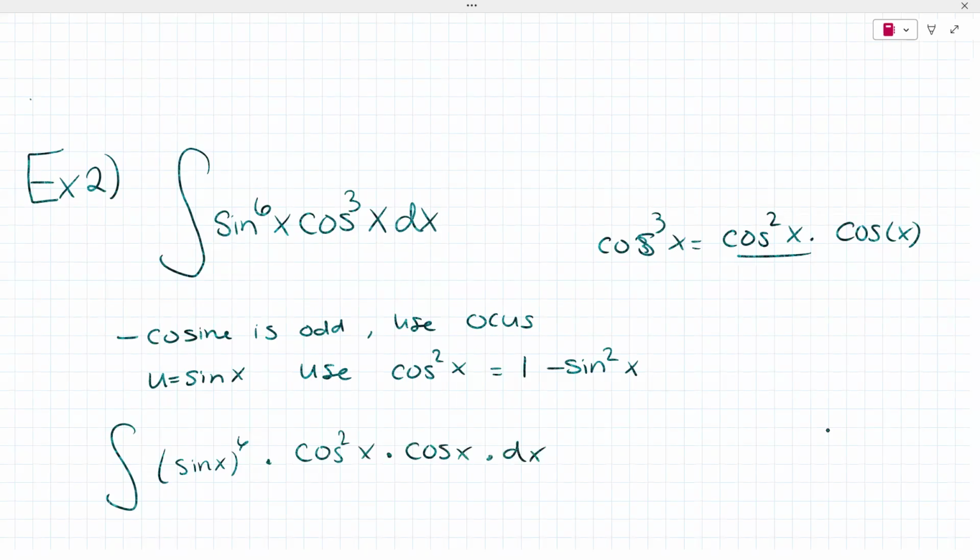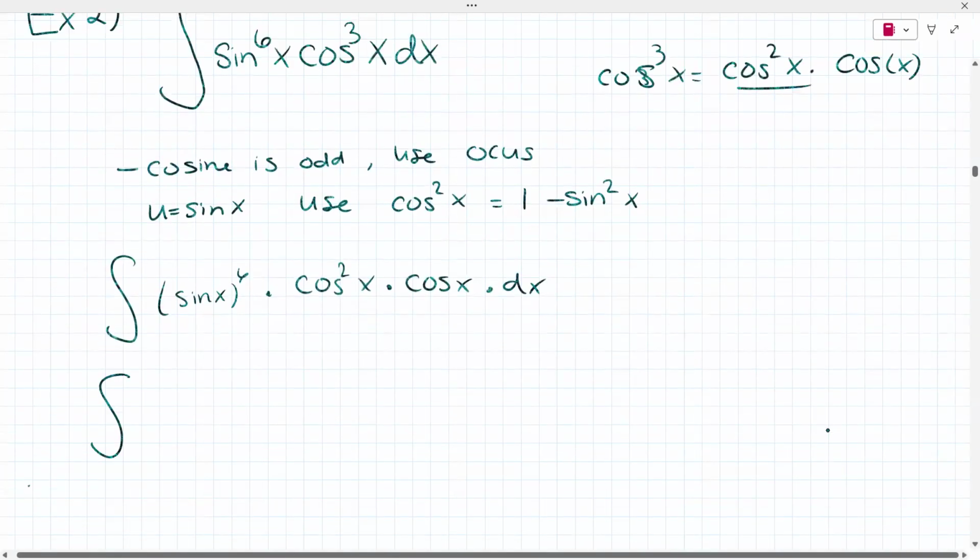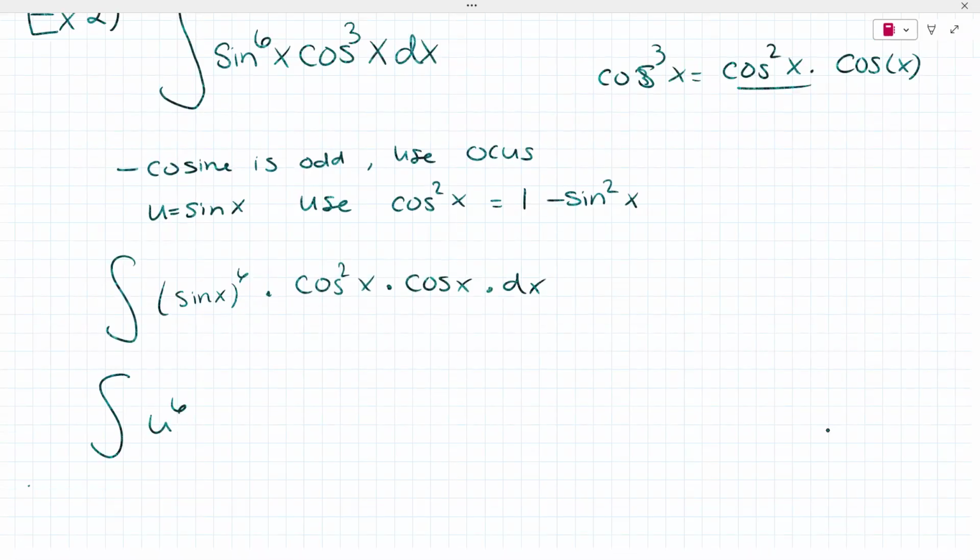Okay. And then plug in our u. So our u was sine of x, so this is going to be u to the 6th. And replace cosine squared of x with 1 minus sine squared of x. Wait, so if our u is sine of x, my du is positive cosine of x dx.